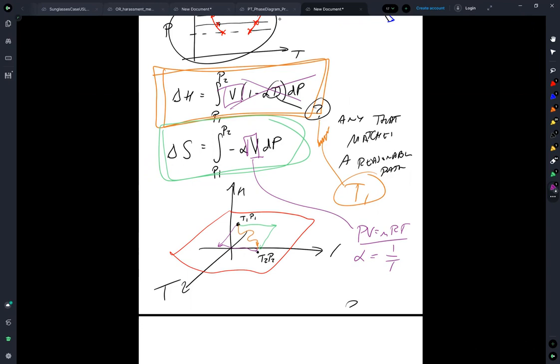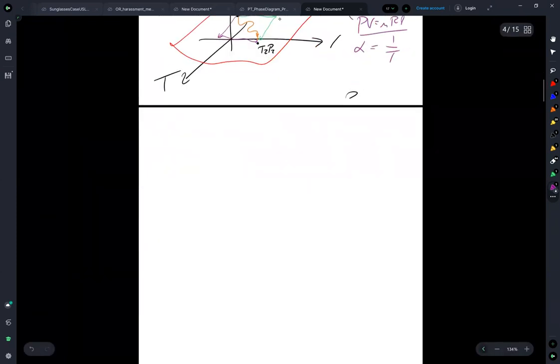It also doesn't work because we don't have a gas, we have solids and liquids. So what I thought I would do, in the process of making an approximation, was to incorporate the compressibility.